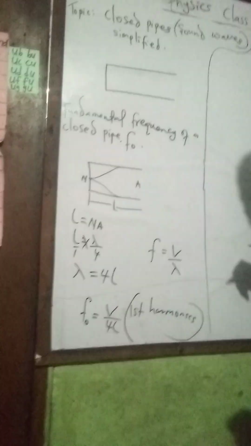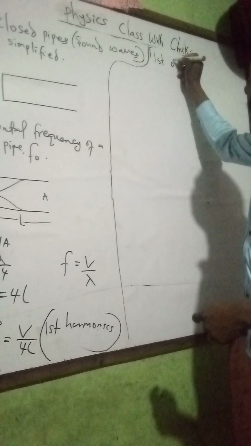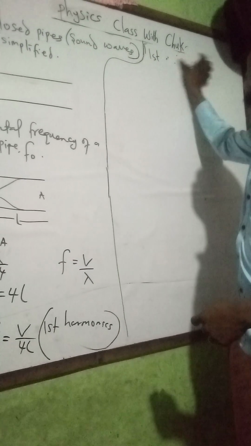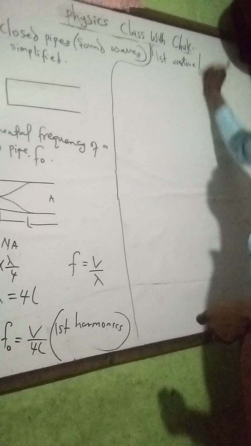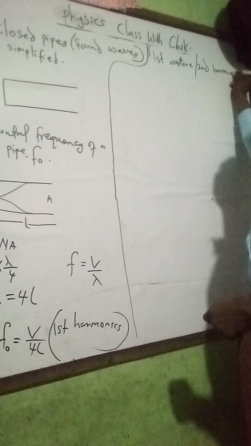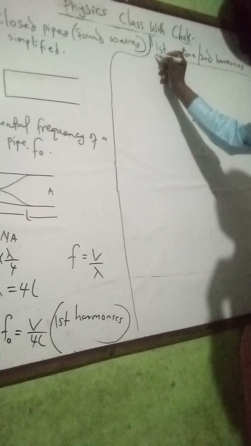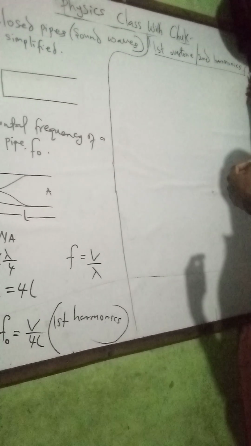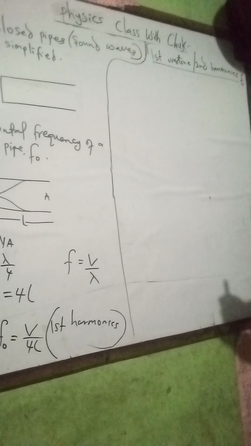Now, to get the second harmonics, which is the first overtone, we use F1.